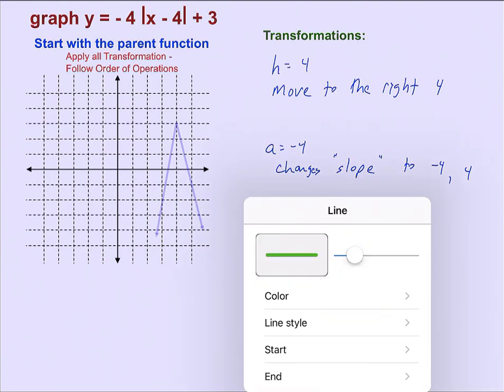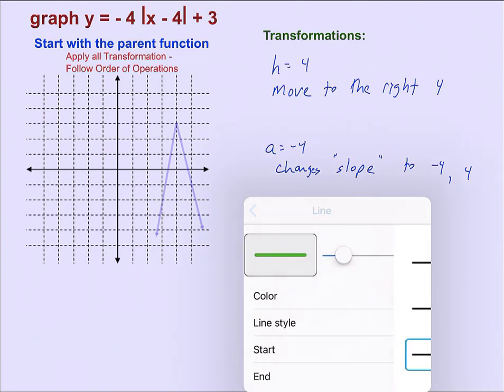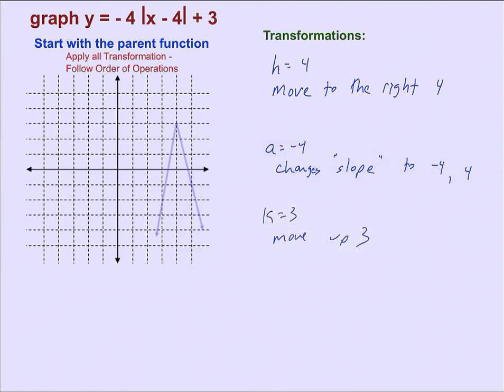I will make a slightly bigger one. And that's the finished product.